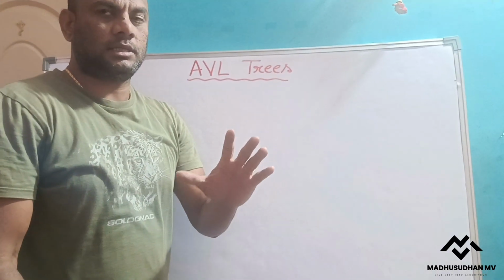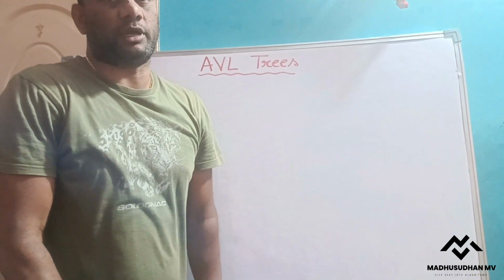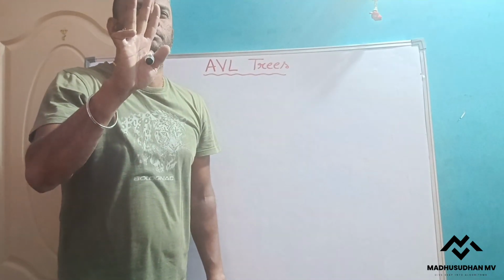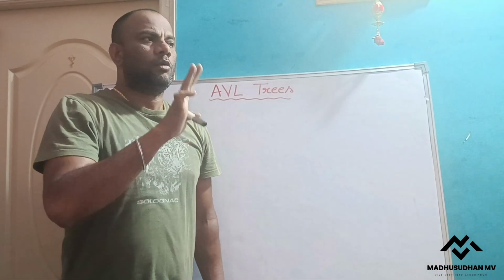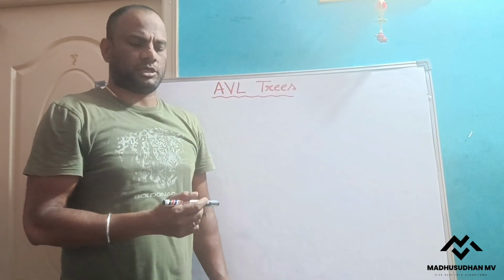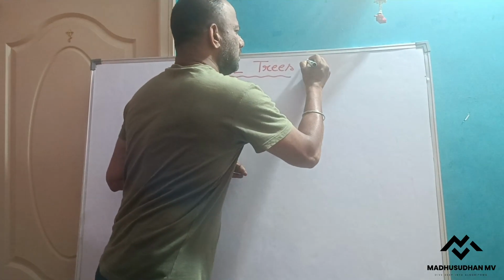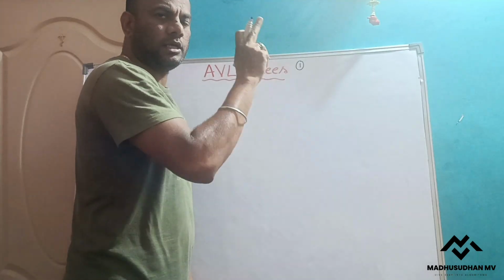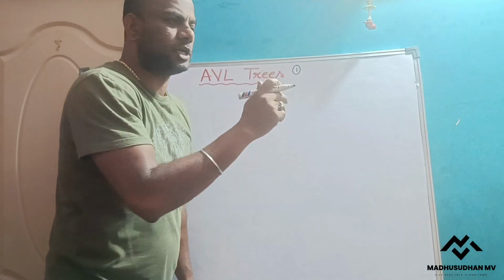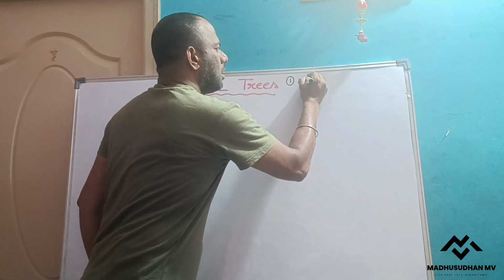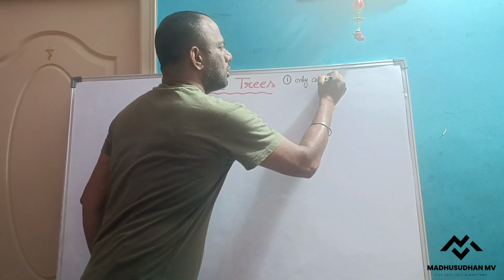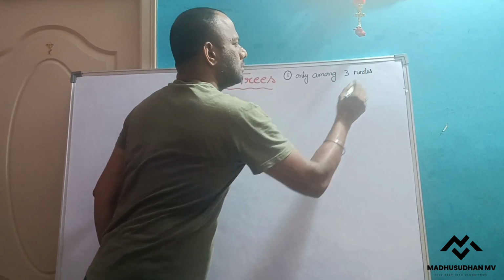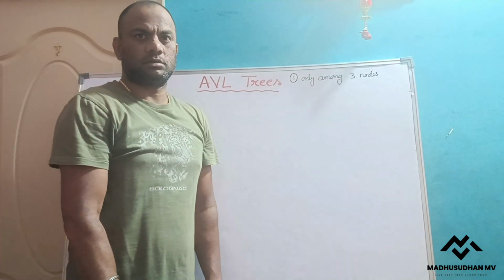Before discussing the 4 different types of rotations, we need to remember a few points, especially 3 points, whenever we are doing any type of rotation. The first and foremost thing is that we always apply rotation only among 3 nodes, not more than 3 nodes.